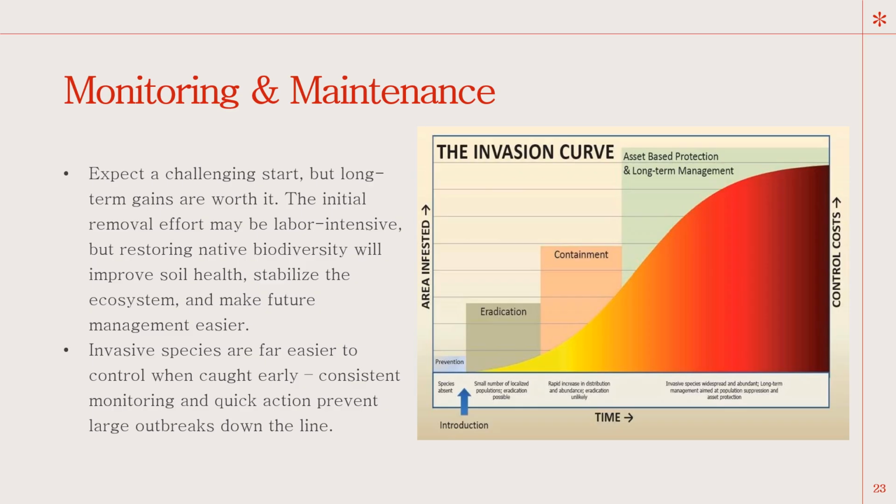It may be a little overwhelming, but as you chip away at it and reduce the amount of invasives there, and especially if you're revegetating a site, that's going to really help in the long term, because you can think about going backwards down this curve to get back to maybe that containment phase where you're not having to spend as much time, as much money, as much effort to maintain something. If you can catch it early, that's going to be far more beneficial for everything.